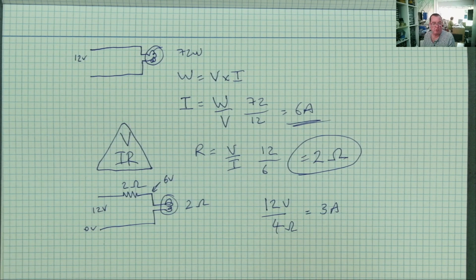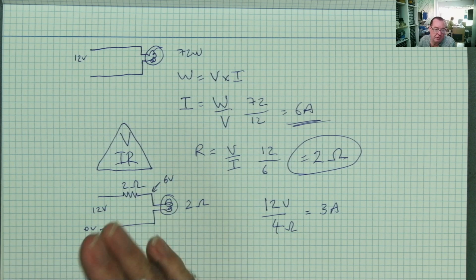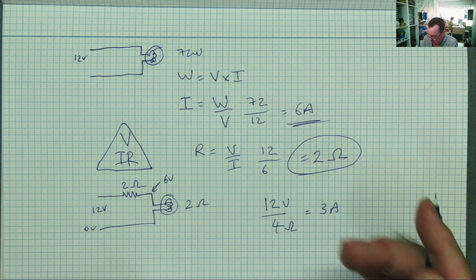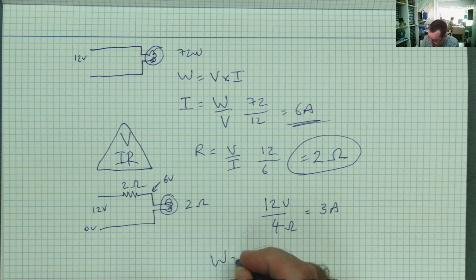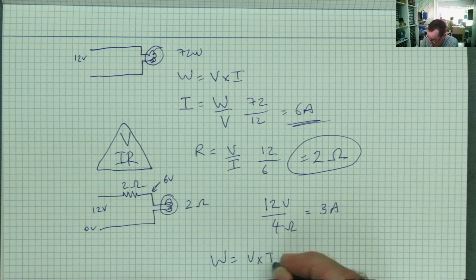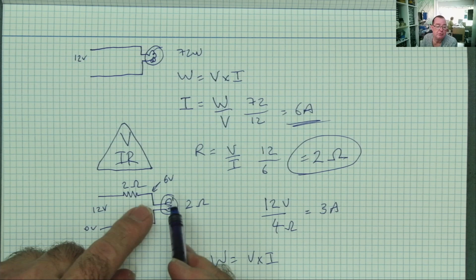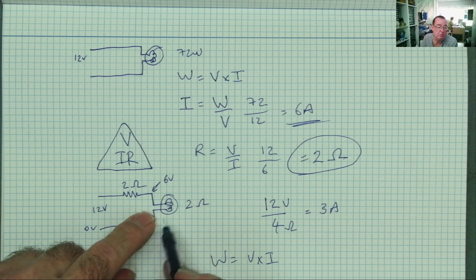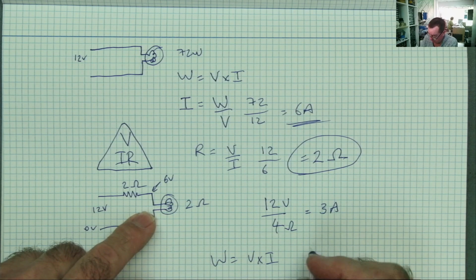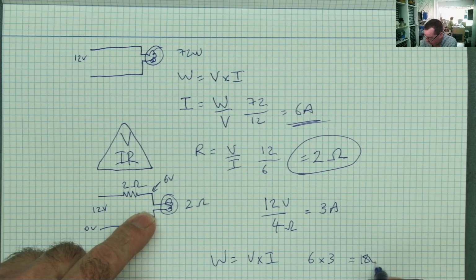So what's the wattage dissipated by our light bulb and by our resistor? Well, it's not 36 watts each. Again, we know what watts is. Watts equals V times I. The voltage across the bulb is now 6 volts, half the voltage. So for the bulb it's 6 times the current, which we know is now 3 amps. 6 times 3 equals 18 watts.